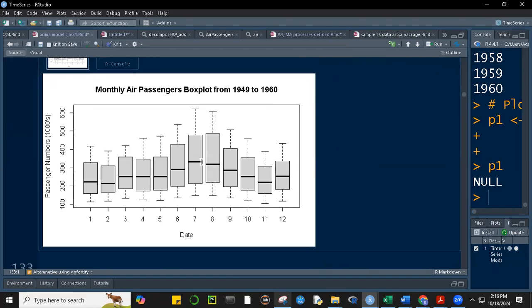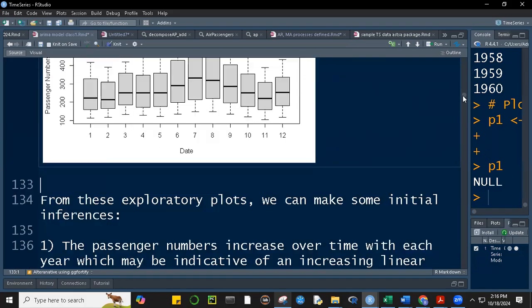We see the highest variance is in July, and also August, and they also have the highest average number of flights. So you can see that indeed the mean is not constant; it fluctuates among the months.